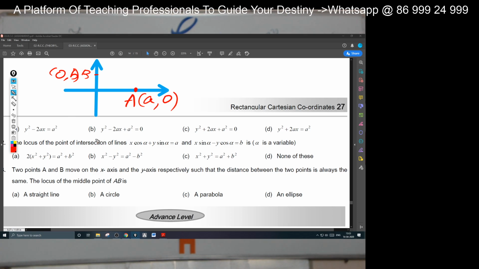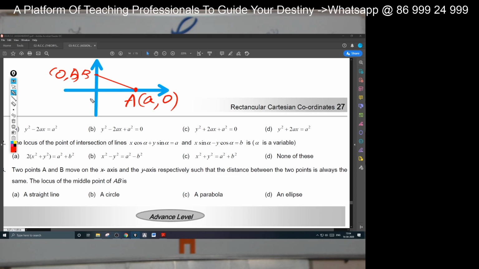What is he saying? Two points A and B move on the x-axis and y-axis respectively, so that the distance between the two points is always the same. It is like a line. These are the extremities of AB. If A moves to the left side, B goes up. If B goes down, A moves to the right side. That means this is a rod moving on two mutually perpendicular lines.